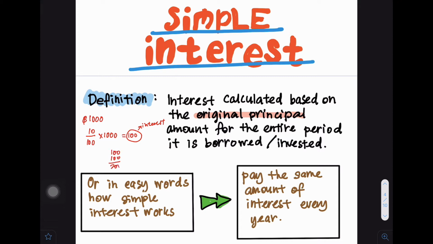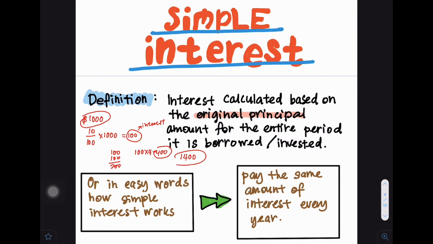So interest dia jadi 200. So kalau Alex pinjam 4 tahun, maksudnya interest yang Alex kena bayar adalah 100 kali 4, iaitu 400. So lepas 4 tahun, berapa banyak yang Alex perlu bayar kepada bank? Jumlah yang dia pinjam dan juga interest 400. So selepas 4 tahun, berapa yang Alex kena bayar adalah 1,400.